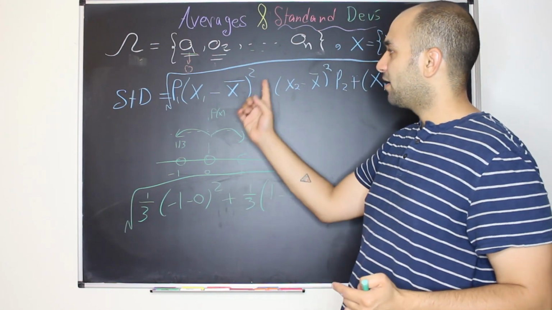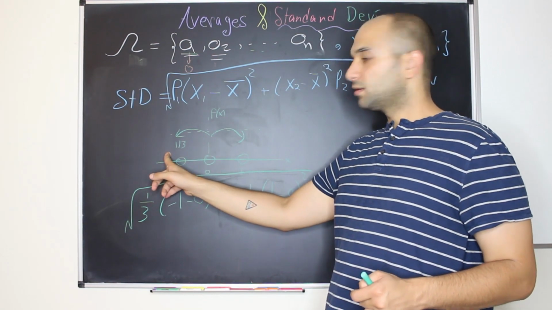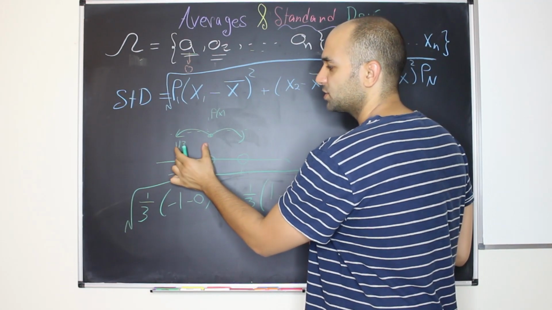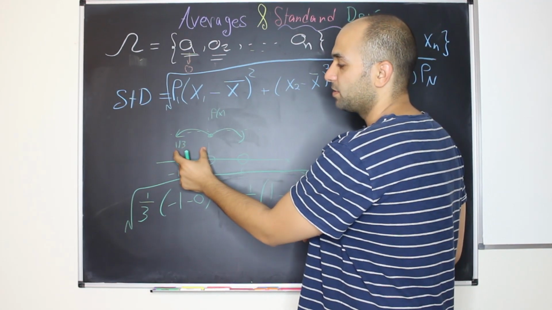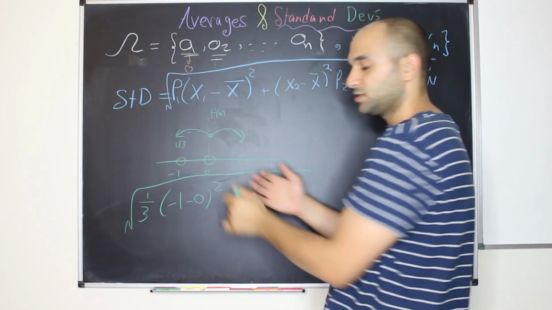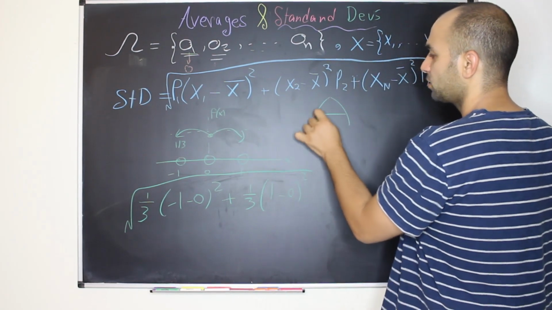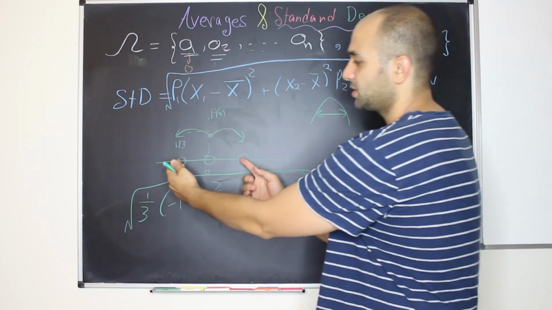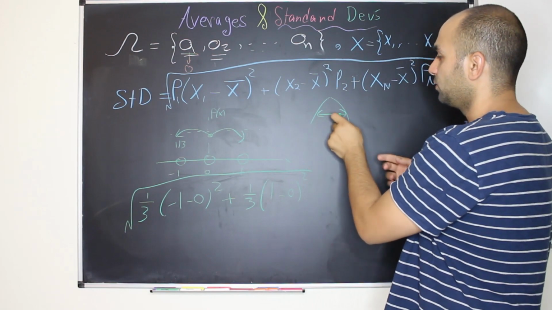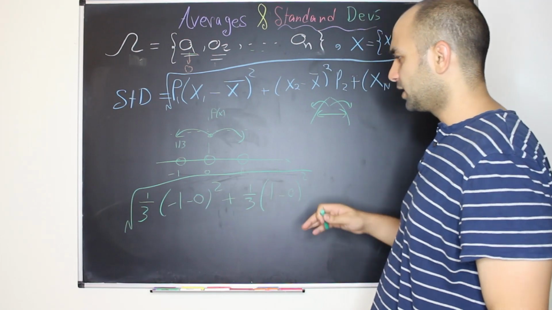So that's why we define the square, because we want the contribution to be the same if you're this much away from the mean as if you're the same amount in the other direction. So the standard deviation is just the width of a distribution. It gives you a measure of the width, and it doesn't matter which way. We want to get the same number.